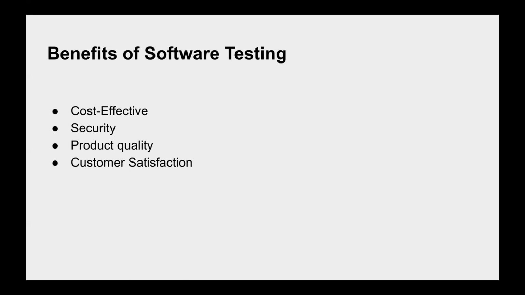At the end of the day, if a customer is able to use our product seamlessly, there are chances of that customer having a higher trust in our product, and it will lead to customer satisfaction. So these four are the major ones. There are other benefits as well, but out of all of them, these four are very critical for software testing: cost effectiveness, security, product quality, and customer satisfaction.